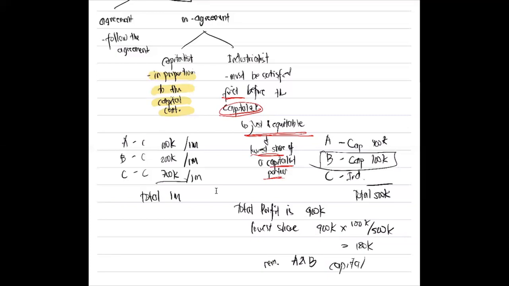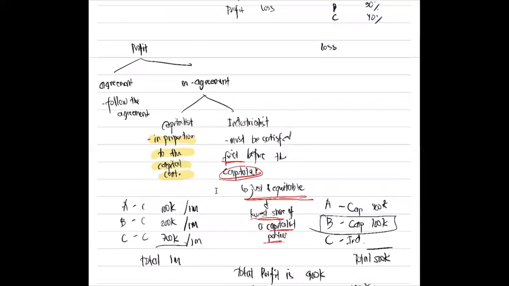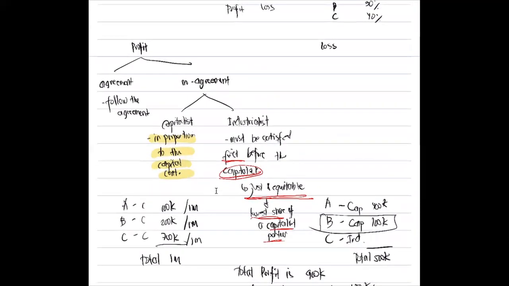So for industrialists, it must be satisfied first before the capitalist. What is the amount given? Just and equitable, the lowest share of a capitalist partner. That's for profit. So you look whether there is an agreement or no agreement. Now, for your loss, again, we look whether there is an agreement or no agreement. If there is an agreement, you follow the agreement.